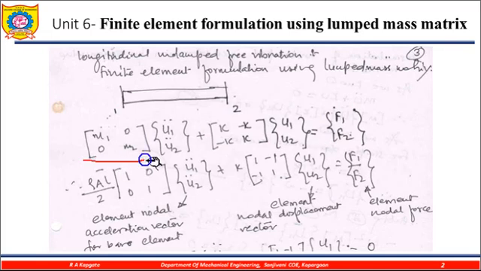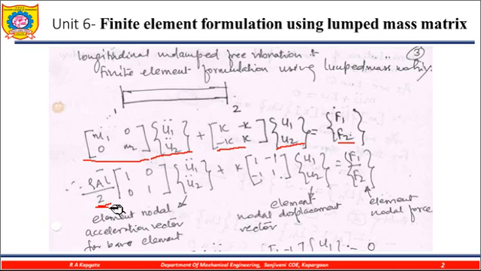So mass matrix multiplied by acceleration matrix plus k matrix multiplied by displacement matrix is equal to force matrix. My mass matrix I have already studied in my video number 2, that is rho AL divided by 2.